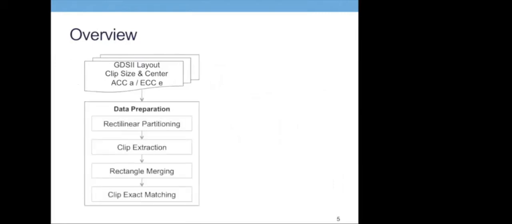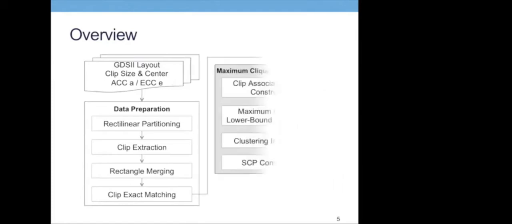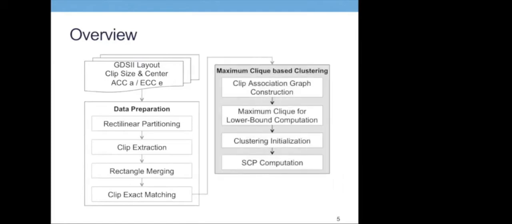This is our framework. Given the input layout and similarity constraint, we first do clip data preparation and obtain all clip information. After data preparation, we do maximum clique-based clustering, and this is our major part. Firstly, a clip association graph is built by checking whether the similarity constraint is satisfied between each pair of clips.